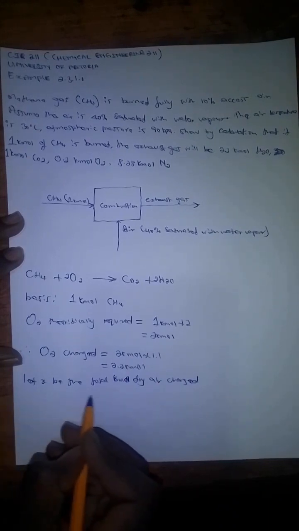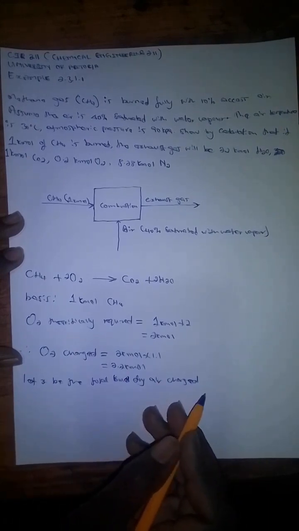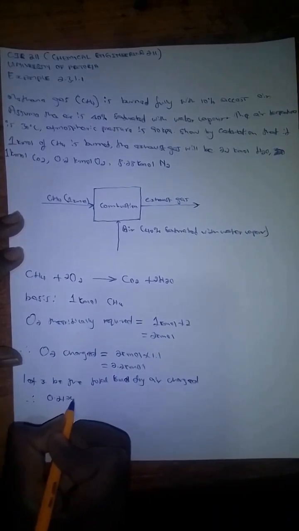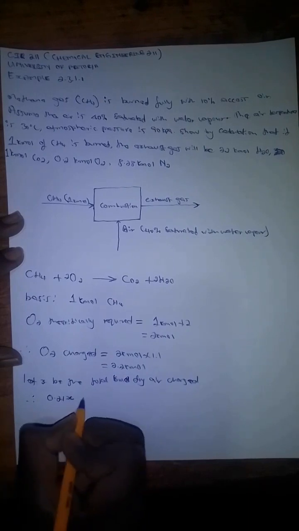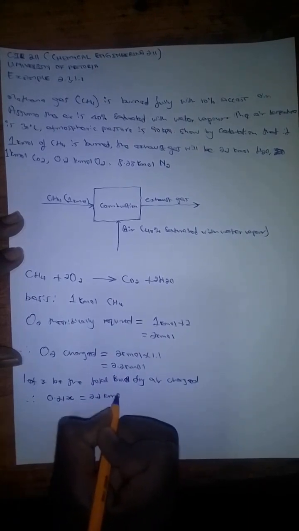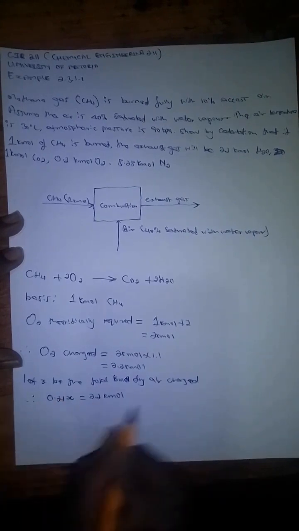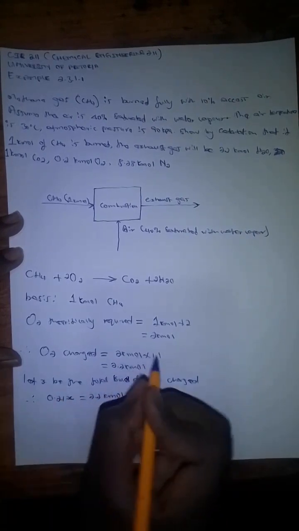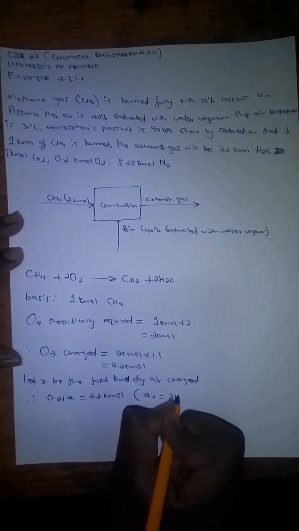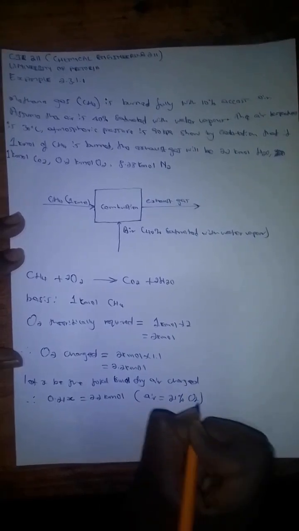So when we say let X be the total kilomole of dry air charged, we can say therefore 0.21X is equal to 2.2 kilomole, right? For those who might have forgotten, let me write here that we know that air is 21% O2, right?